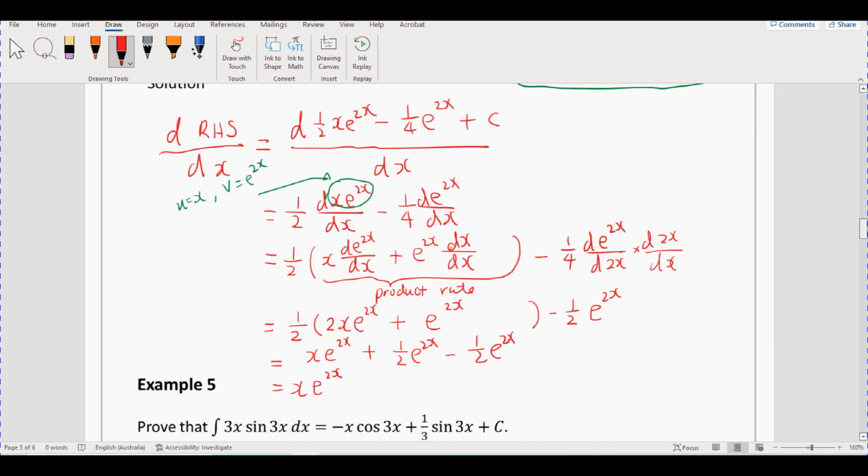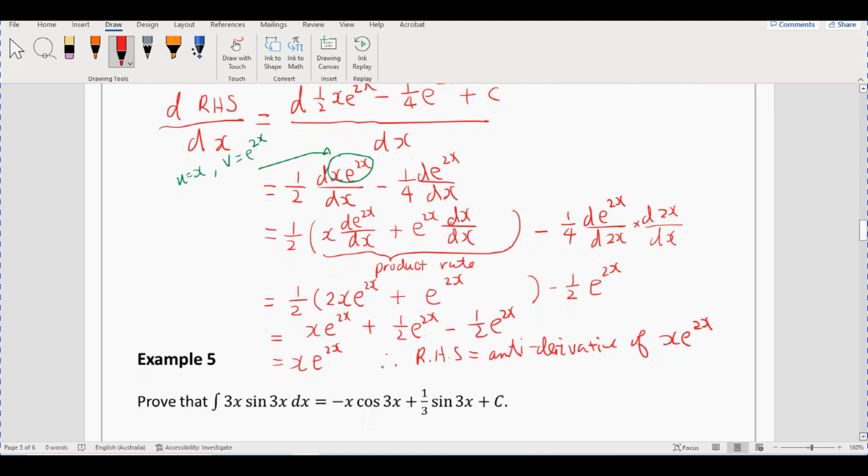So that means the right hand side is the antiderivative of x e to the power 2x.